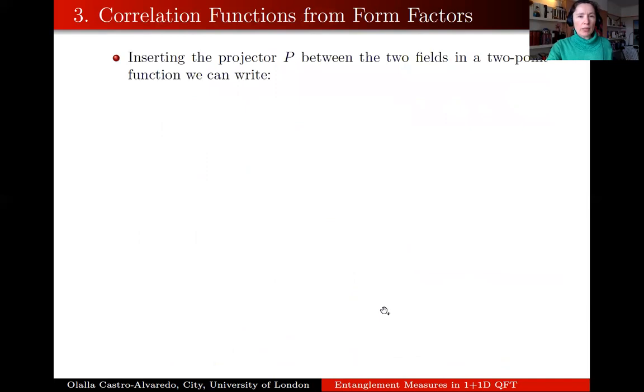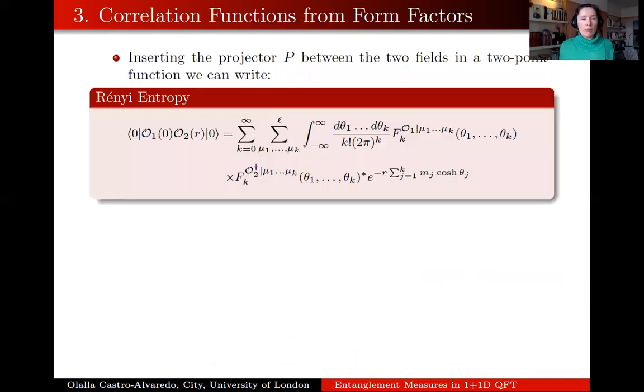Once you have all of this, you can write the correlation function as something like this. Now, in this process, something has happened. You see that in this exponential, only the energies appear. This is because I have also carried out a Wick rotation. You could either see this field as sitting at position 0 and time minus iR, which would give that sort of thing, or you can see it as sitting at position R and then carrying out a Wick rotation.